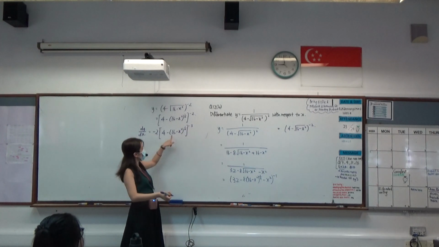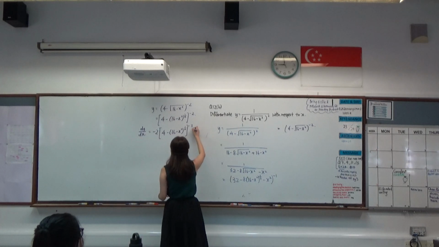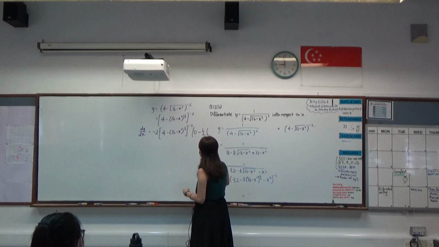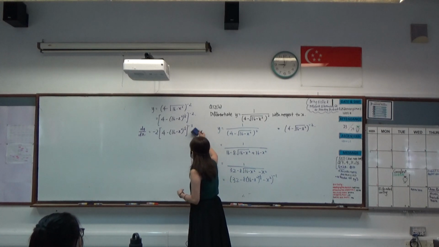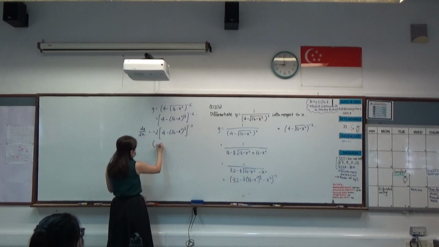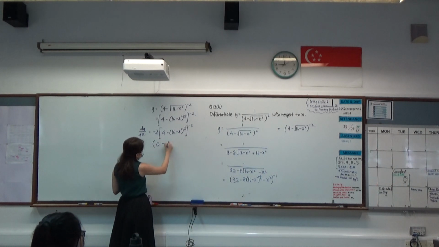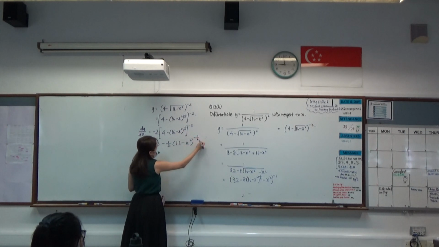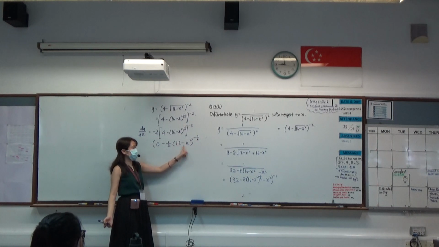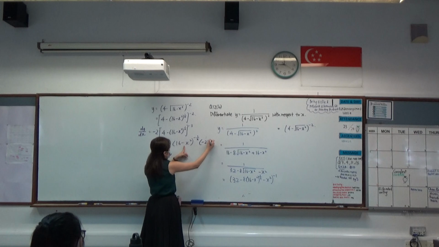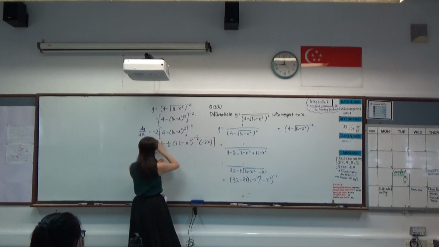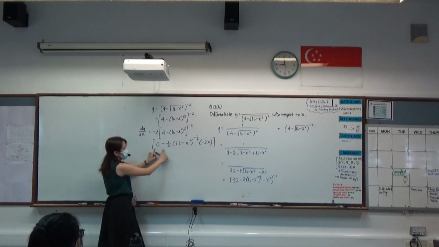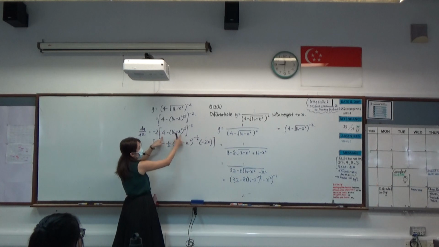Power here -3, differentiate the inside, so I'm looking at a 0 minus half, 16 minus x squared, half minus 1 is -half. Okay, differentiate the inside of the bracket, you will get -2x. So this itself is the derivative of the brackets over here.